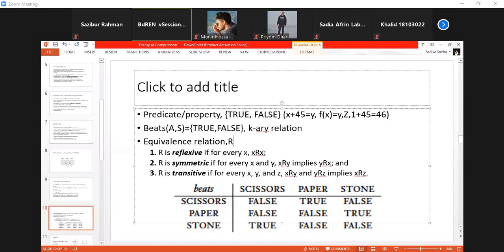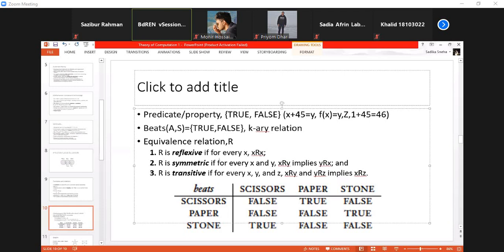These two are going to be equal because we said R is satisfying the relation of equality. So for every argument x, x is going to be equal to x.